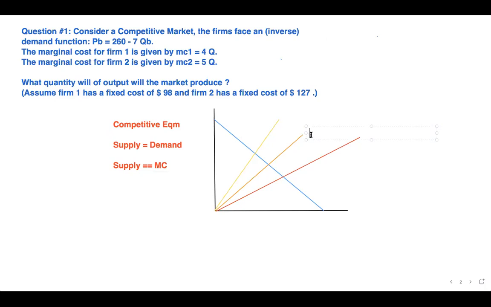So if I call this one MC1, that is supply 1.